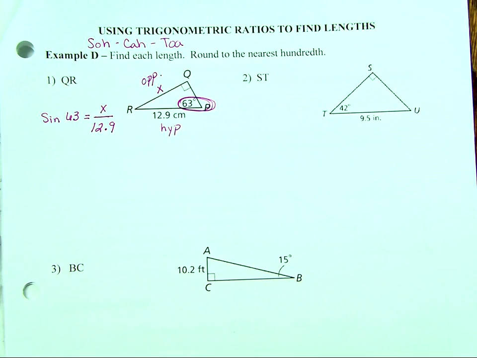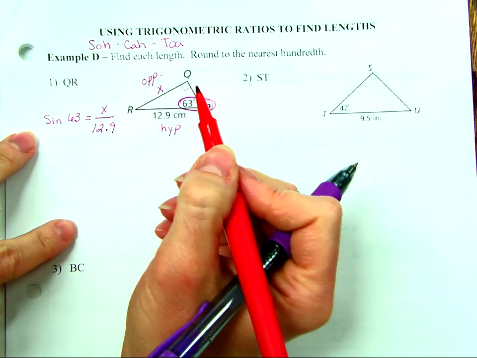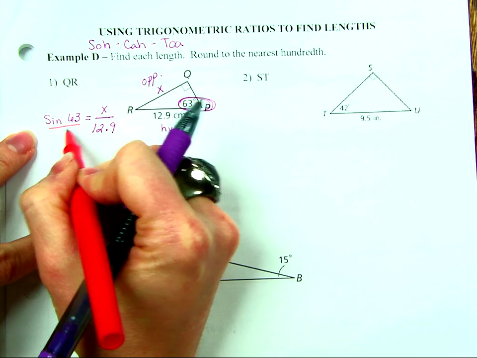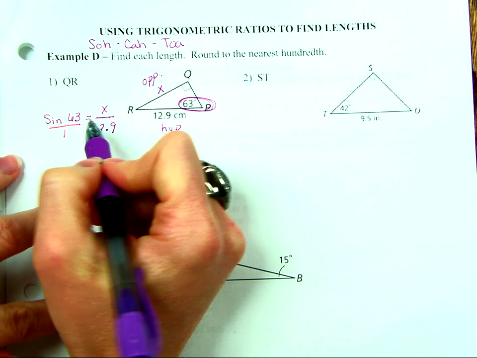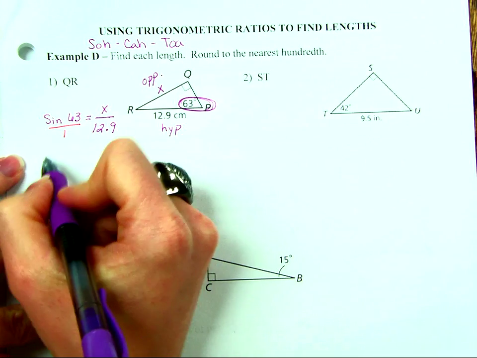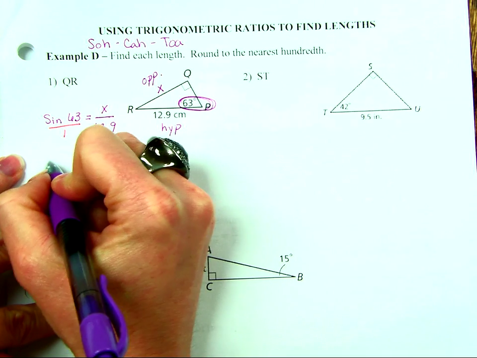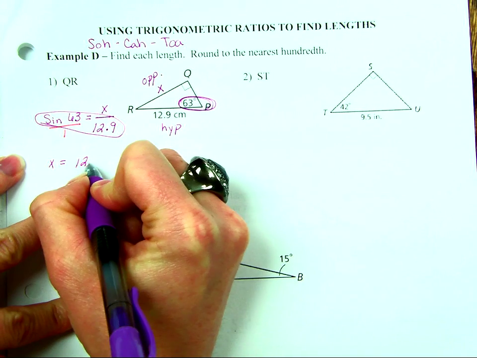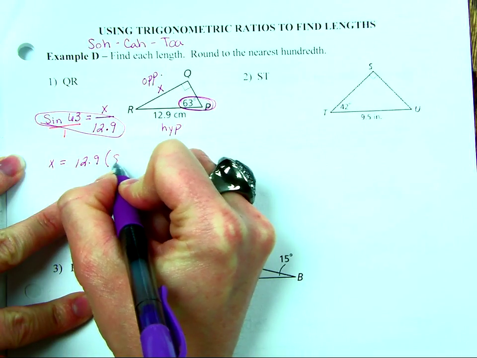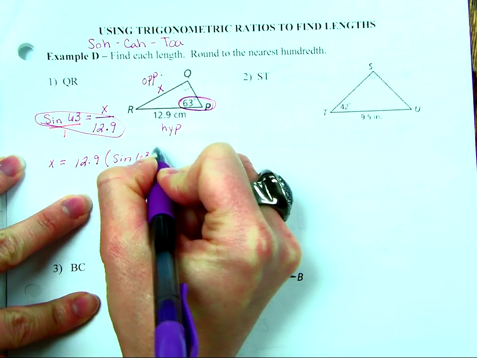Now, we have just done a chapter on proportions, and we can think about that this way. If I were to figure out my value for x, and I think about this as a fraction, my cross products would tell me that x would be equal to 12.9 times the sine of 63 degrees.